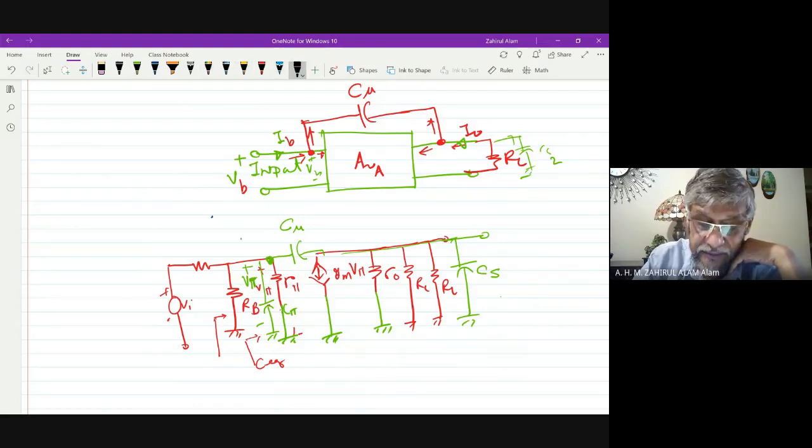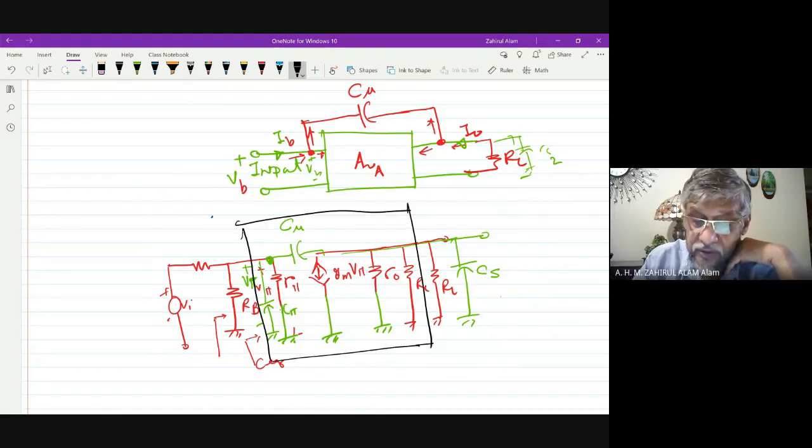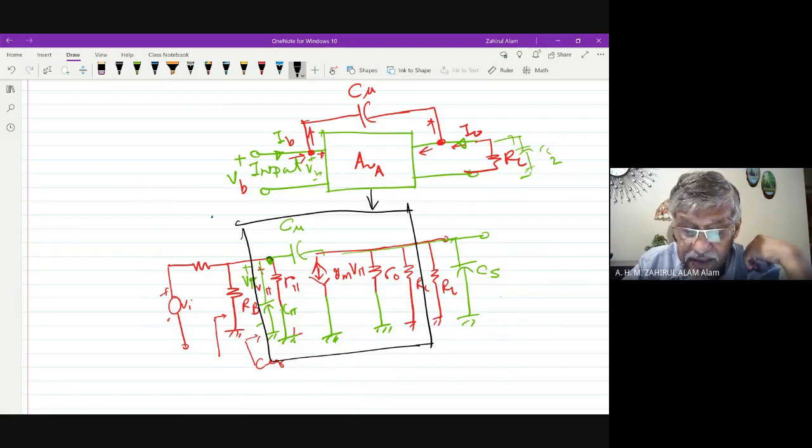This represents this block, and this is the input voltage, and this is the output voltage. Between input and output, there is a capacitance C pi, which is this capacitance.